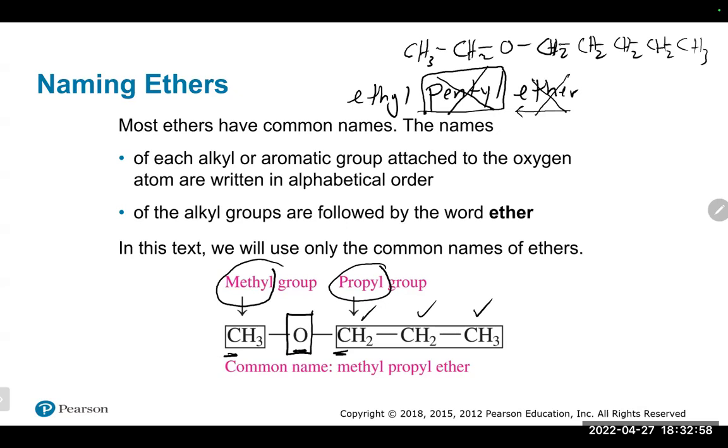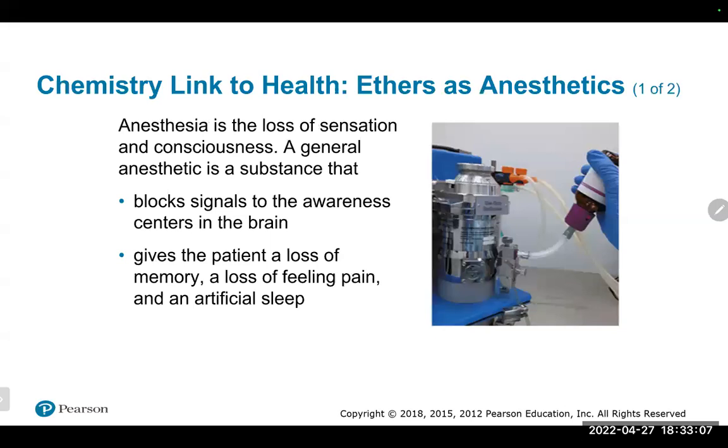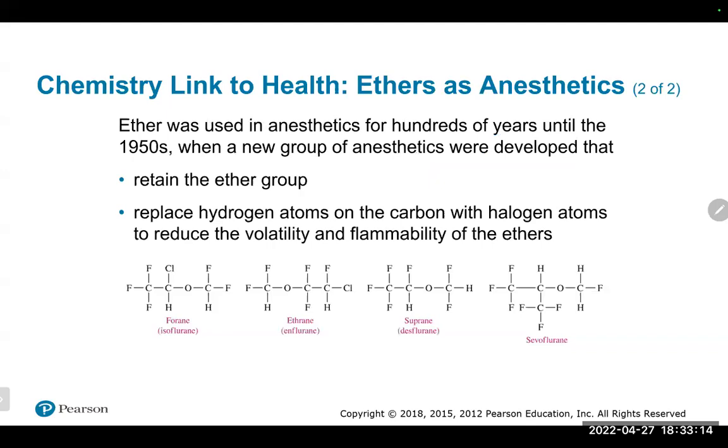So obviously for ethers, you need to know the common naming, and how to, if you're given the name, draw the structure, the functional group for it. Let's talk a little bit more about ethers. They put you to sleep, and all that good stuff. Over the years, they've varied the use of ethers.